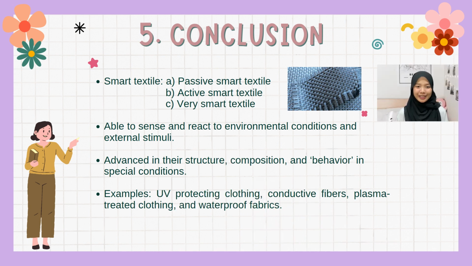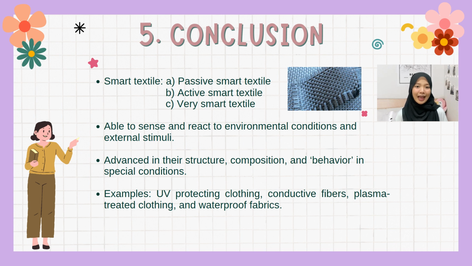In conclusion, textile has been improved and the current trend in textile is smart textile, which is defined as textile able to sense and react to environmental conditions and external stimuli, for example mechanical, thermal, and chemical stimuli. Smart textile has advanced in its structure, composition, and behavior in special conditions.